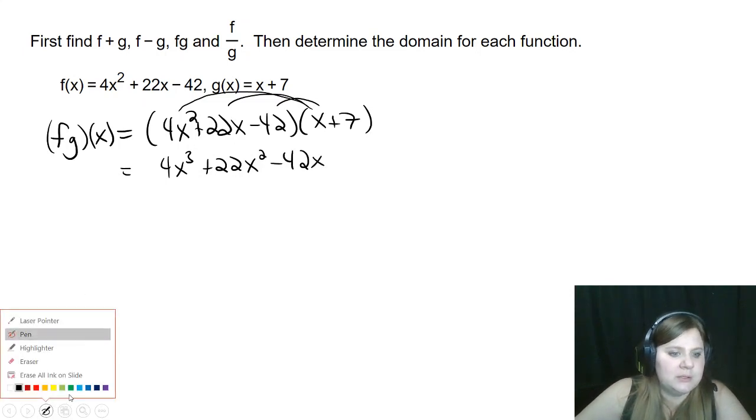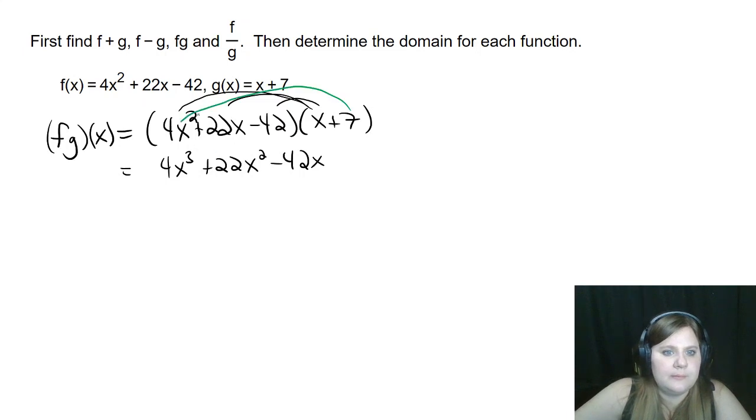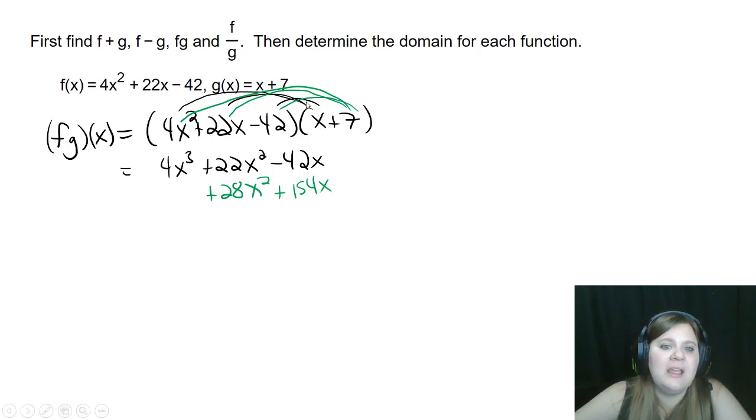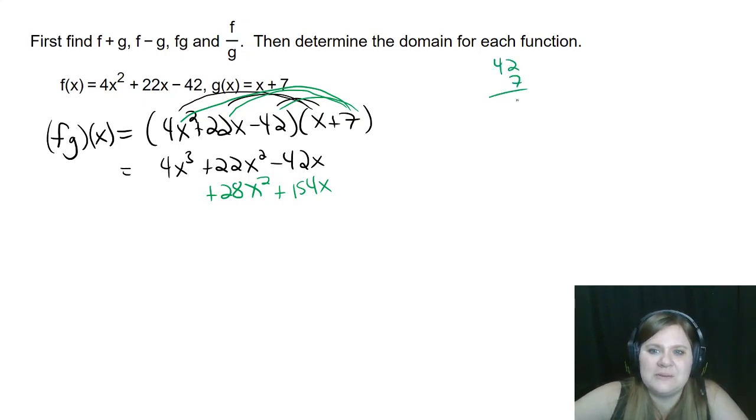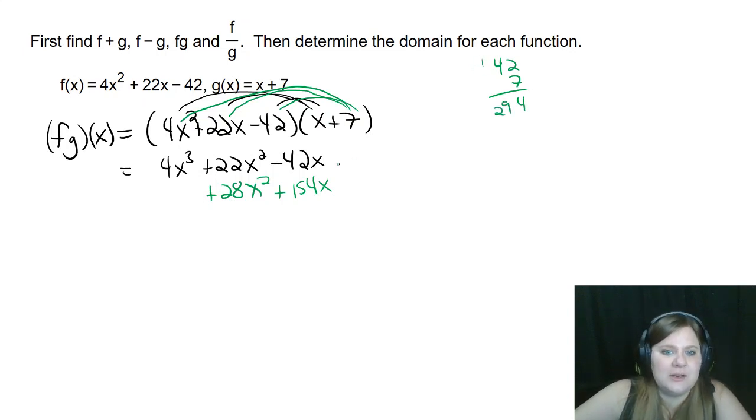And I'll go ahead and switch colors here. I think that's 154x. And 294. I'm going to write that one out. 7 times 2 is 14. 7 times 8. 7 times 4 is 28. Plus 1 is 29. Yeah, 294. So minus 294.